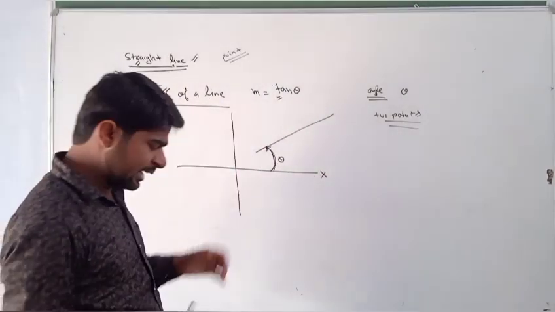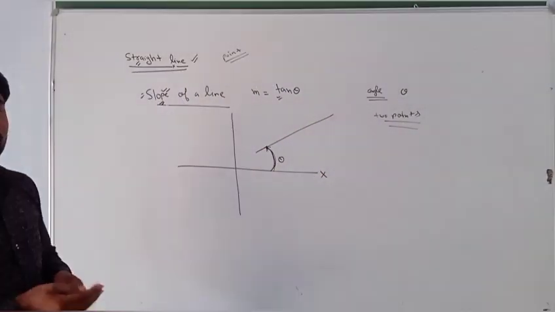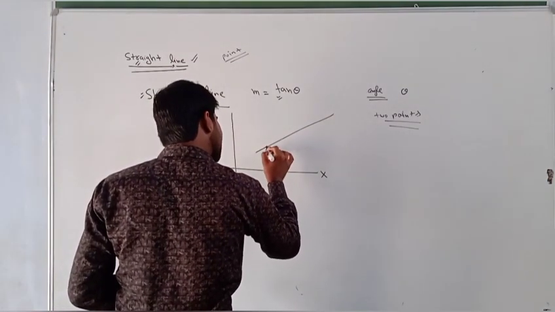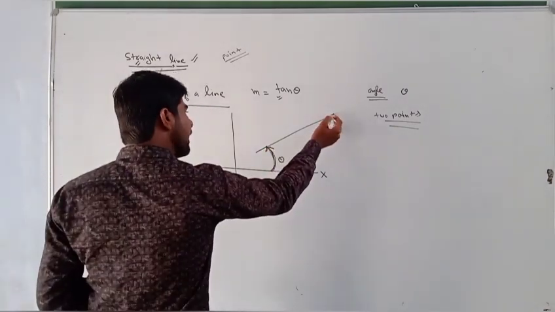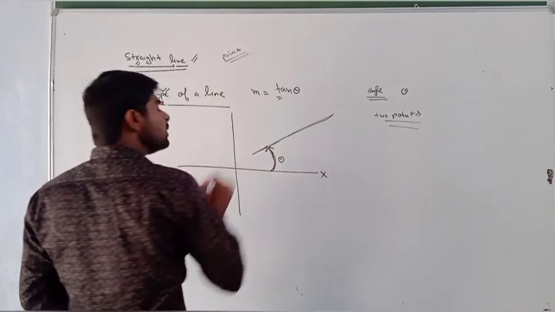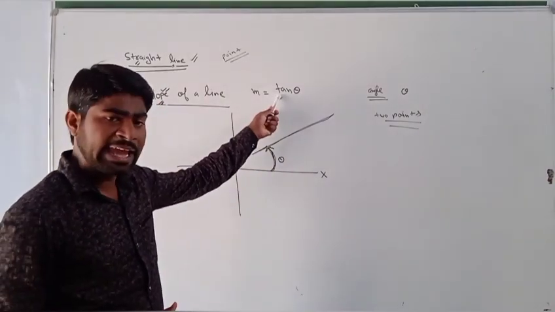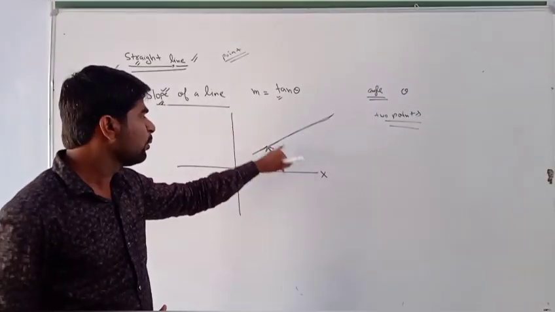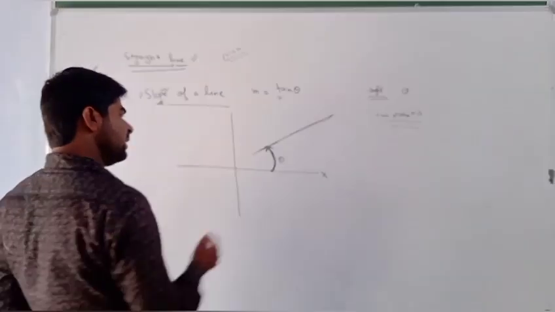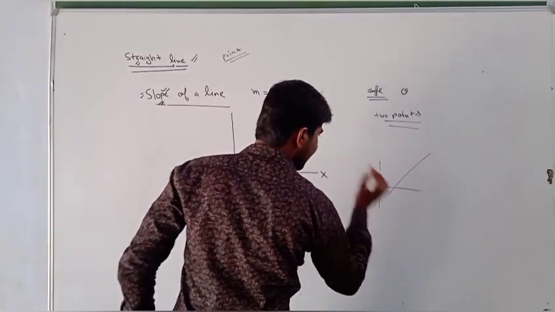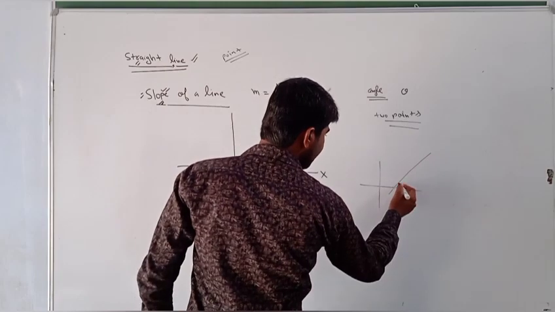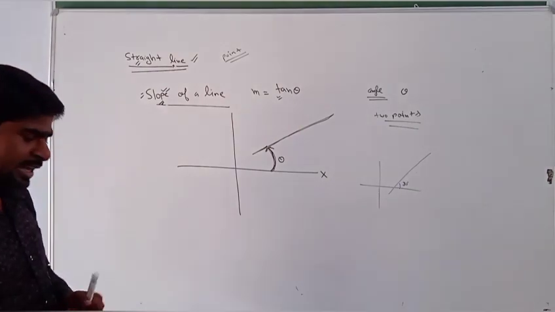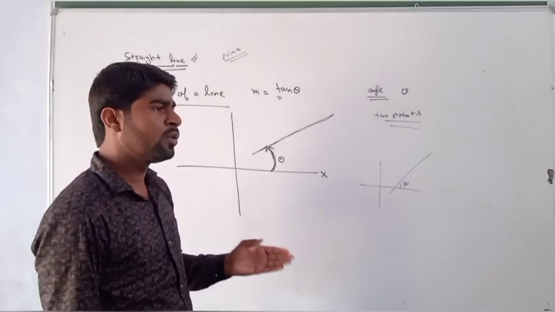So, if the angle is given, which angle will we use? The angle with the positive x-axis direction will be used to find the slope. And what is the slope? Slope is nothing but the tan of the angle made by the line with the positive x-axis. So, if I give you a question that a line making a 30-degree angle with the positive x direction, what will be the slope of the line?